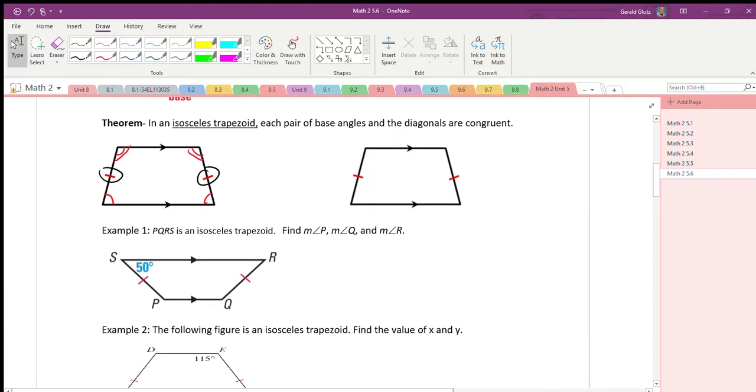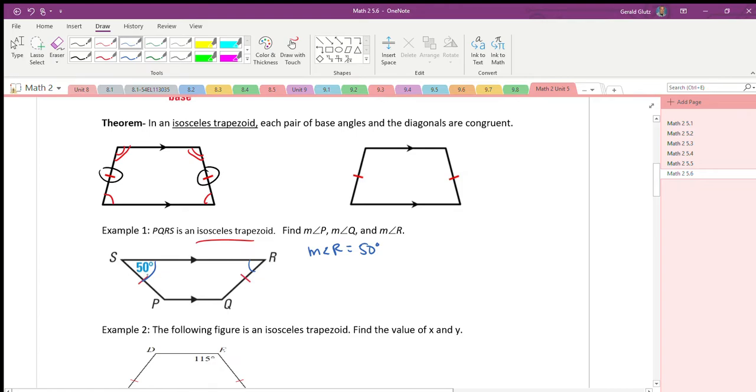So in example 1, PQRS is an isosceles trapezoid. We've got to find the measure of angle P, angle Q, and angle R. They give us that angle S is 50 degrees. Since it's isosceles, we know that this angle and this angle are congruent, so the measure of angle R would have to be 50 degrees. And again, in any type of trapezoid, even if it wasn't isosceles, these two angles are always supplementary.